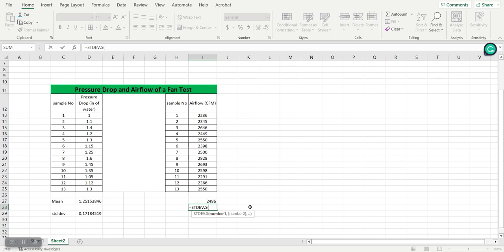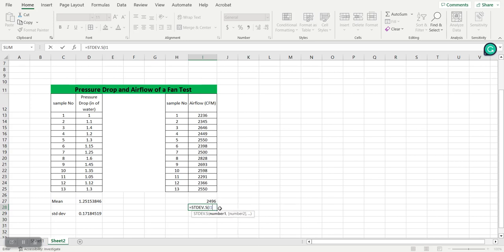stdev.s, and I'm going to use a different approach here. So for instance, you have like 3000 data points instead of just 13 samples. In that case what you have to do is write the cell number. For instance here the cell number is I13.